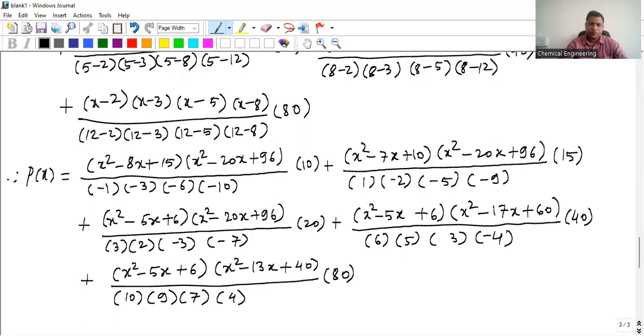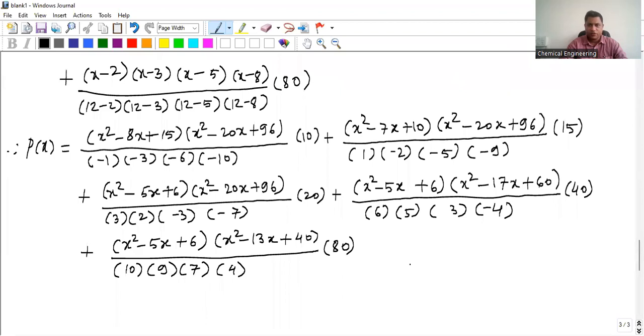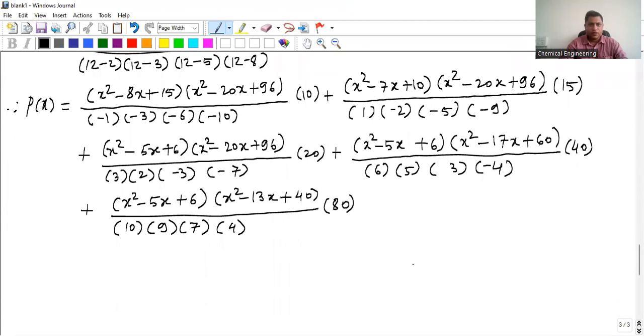Yes, sir. Now we have to simplify the numerators and denominators. Okay, then we can get the polynomial. Okay, so let us think of the numerators one by one.